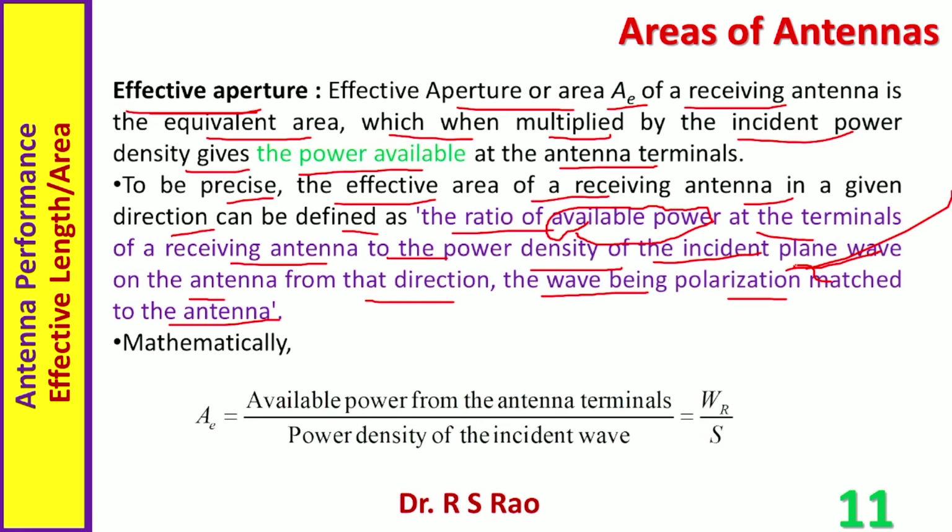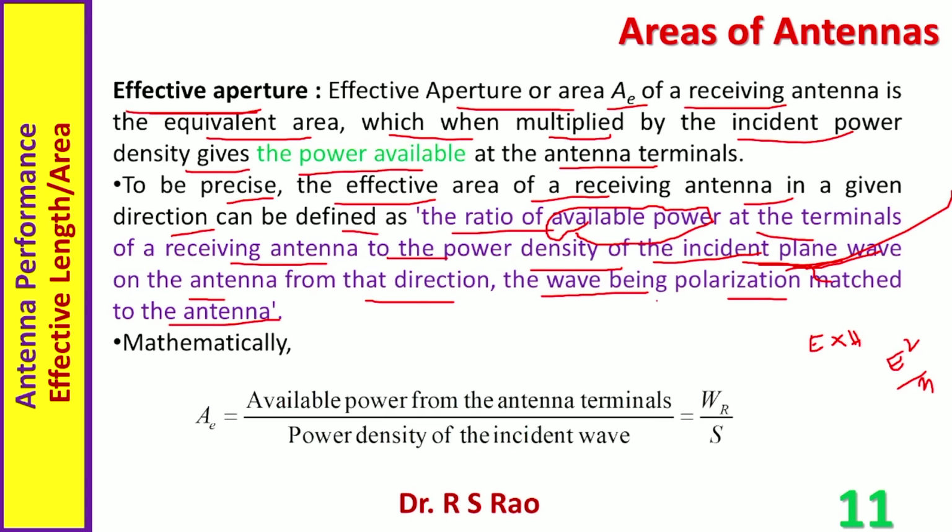Notice the wave at the receiving antenna is a plane wave. This fact is being stressed again and again. The importance of this observation is that with this we will be able to find the power density in the incident wave. Power density is actually E cross H. But as it is a plane wave, it is equal to E square by eta. For this reason, it is being stressed that it is a plane wave.